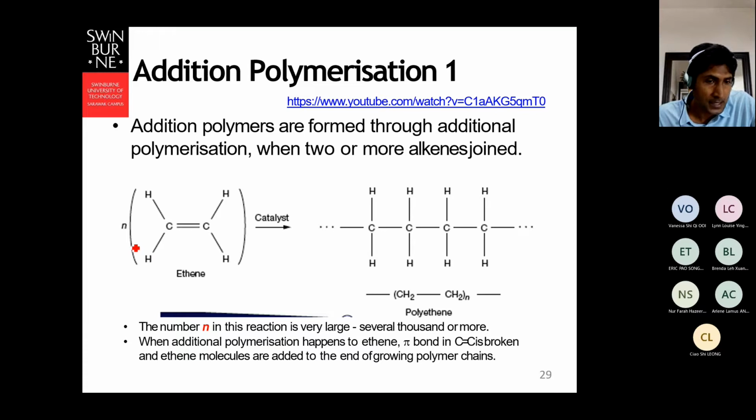Ethene or propene, when there is an unsaturation between them, the unsaturation is saturated. It is made saturated by adding hydrogen or any other element, and this chain is a very long chain, 20 to 30 carbons in one chain.